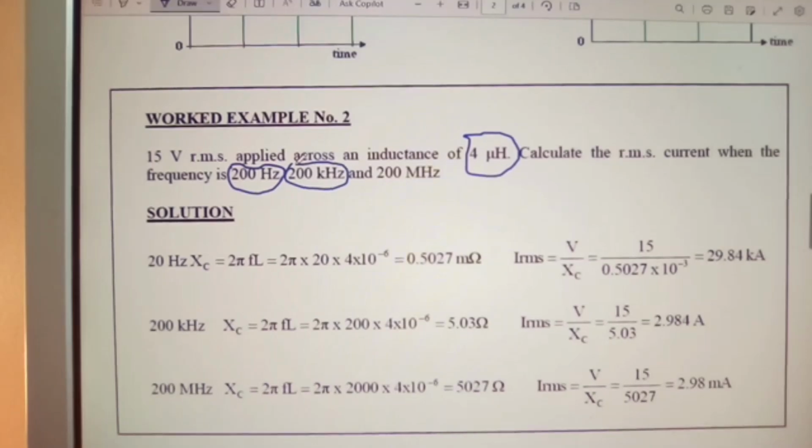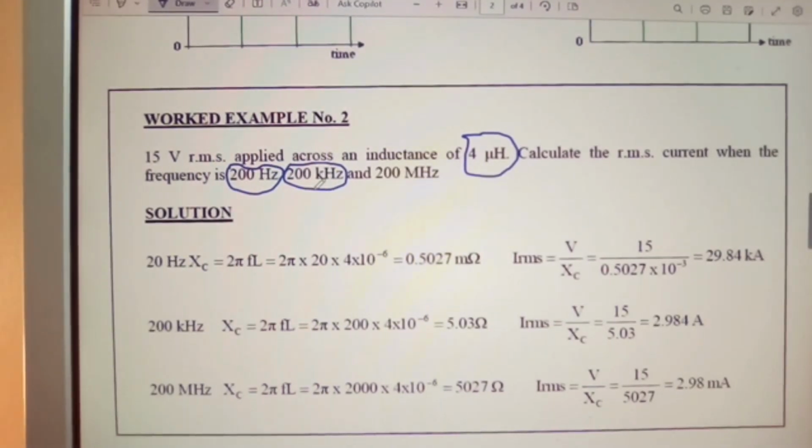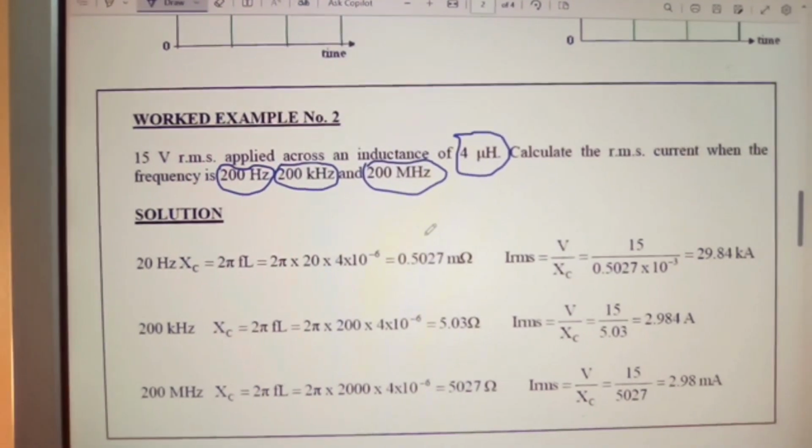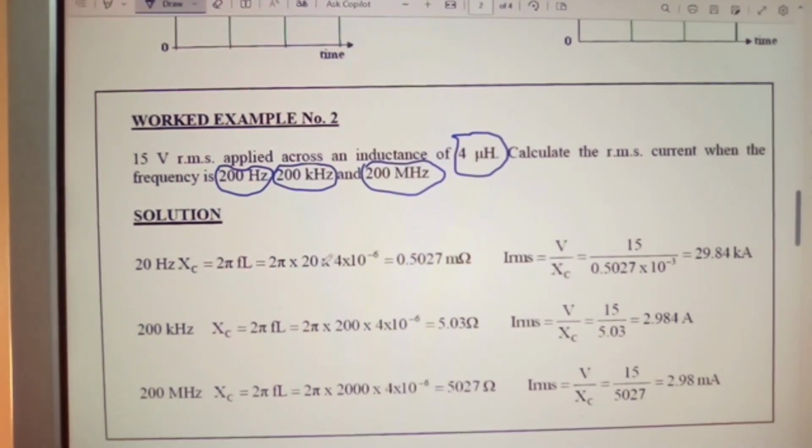Now bear in mind that this is 200,000 hertz. And you have here 200 megahertz, 200 million hertz. That is 200 million cycles per second.